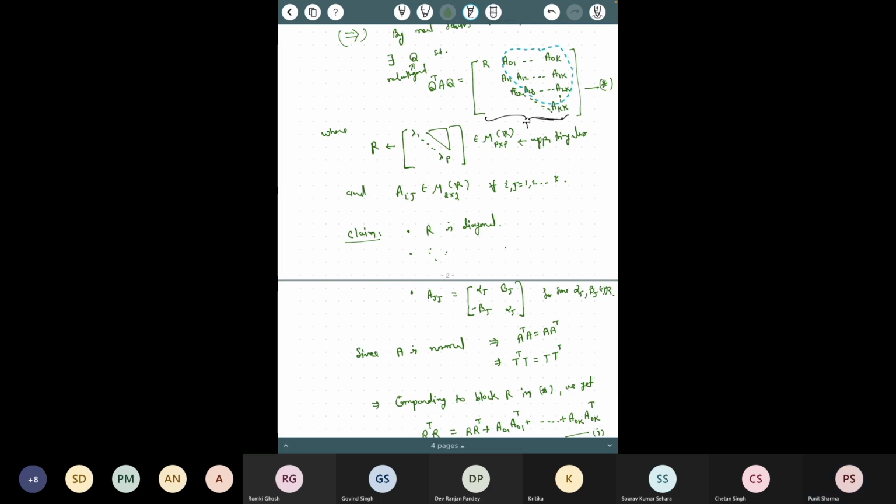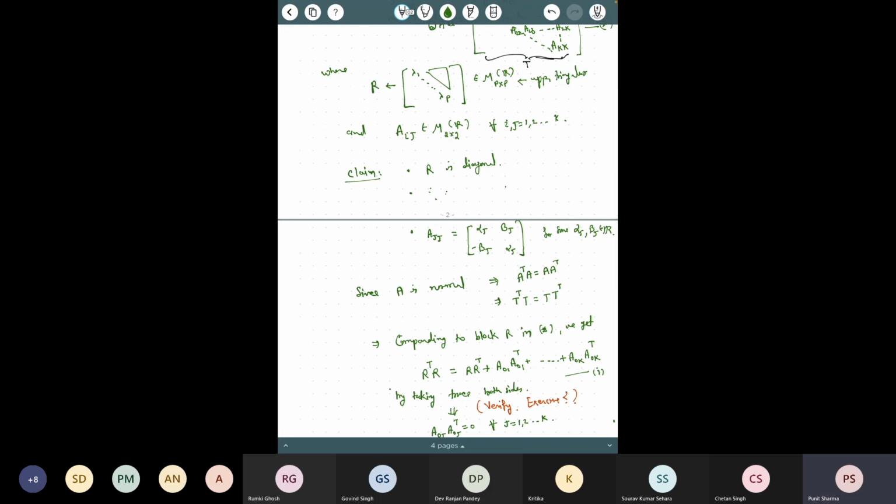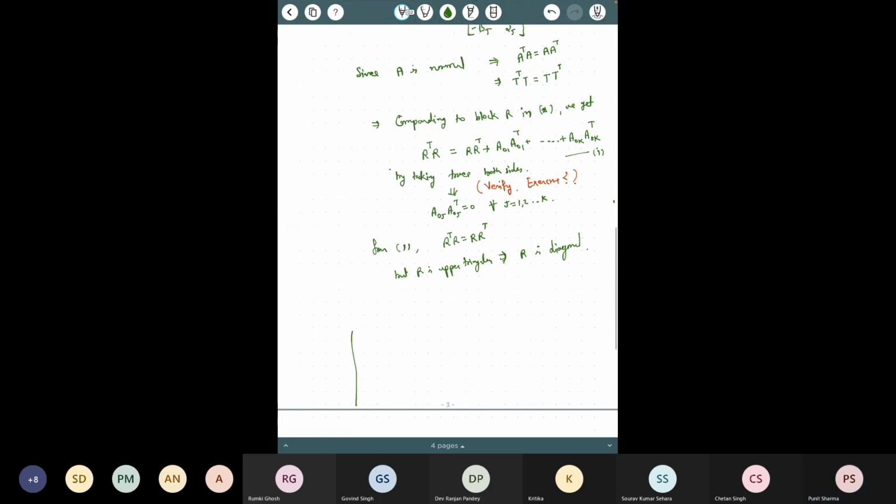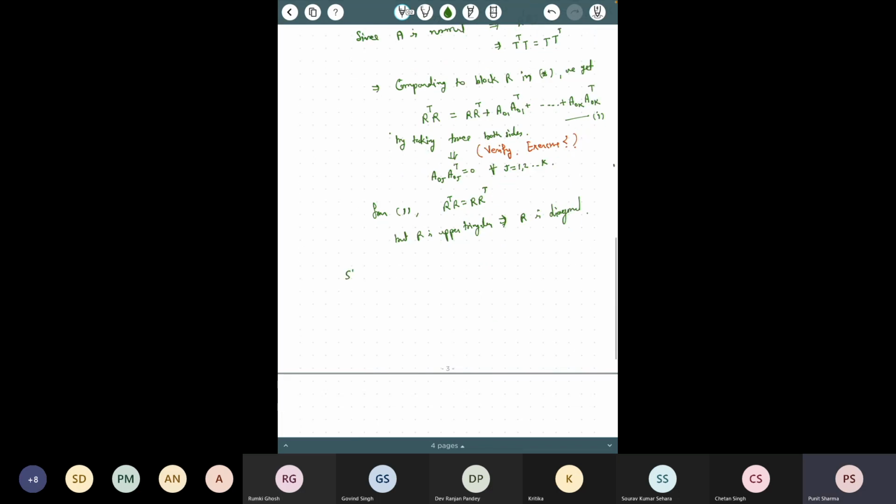Okay, so I have removed something here. From here, Aij is 0 for all j less than i. What I'm saying is that similarly, next, equate the main diagonal 2 cross 2 block entries.